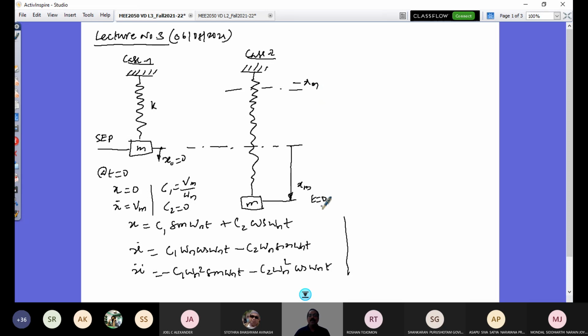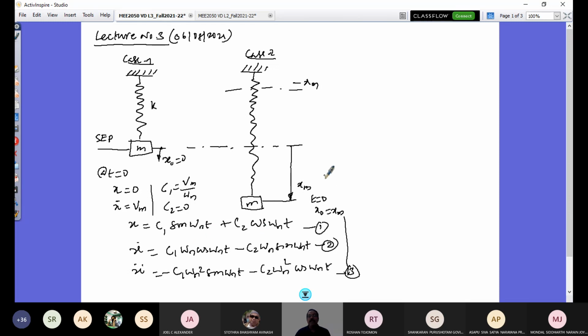So if you see at t equal to 0 now, from the first equation, x naught is going to be xm. So substitute that here in the first equation. In the first equation, if I put this, it is going to be xm is equal to C2.